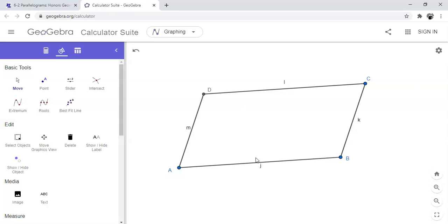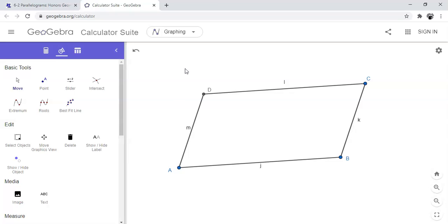Sides DC and AB are parallel, and BC and AD are parallel. So what should we call this figure? A quadrilateral with both pairs of opposite sides parallel? Well, we're going to call it a parallelogram, right?